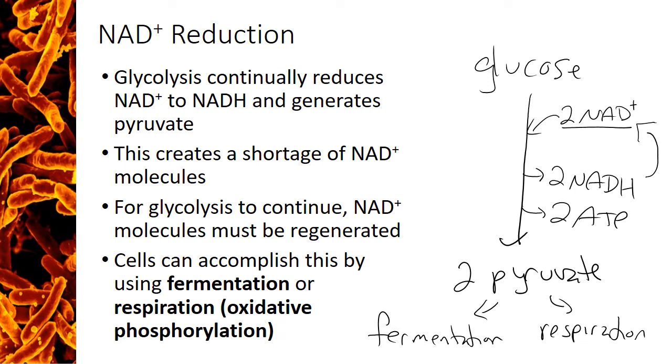If it funnels towards respiration, then the molecule will be further broken down and more energy will be released. The determining factor for which branch is used is based on a functioning electron transport chain. So if there is an electron transport chain that is running in the cell, pyruvate will funnel towards respiration. However, if there is no electron transport chain, then fermentation will be used instead.